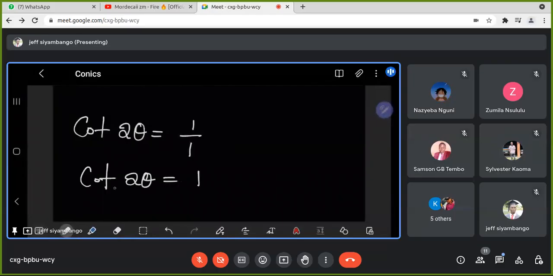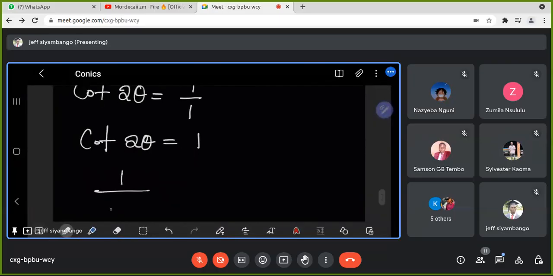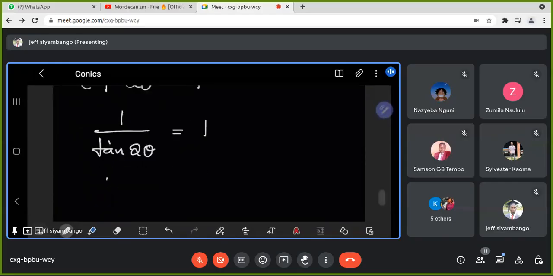But what is cot? Cot is the same as 1 over tan. So 1 over tan has to be equal to 1. Don't you see that this is just 1 is equal to tan 2 theta? Because we don't know what cot is directly, the only way we can know what cot is is through tan.